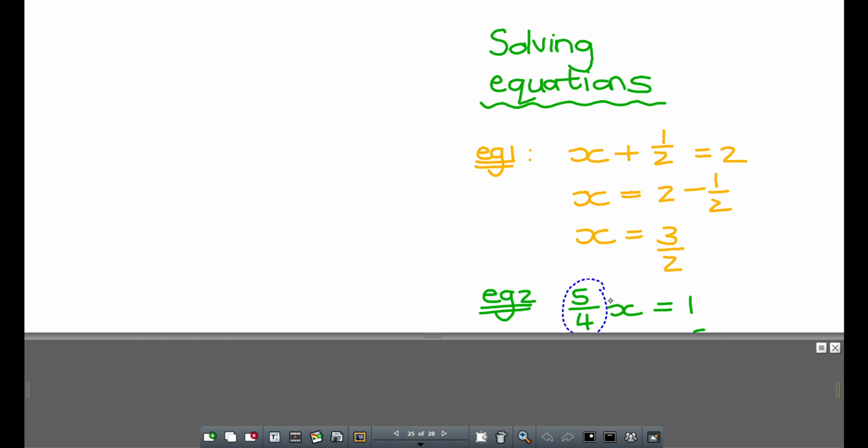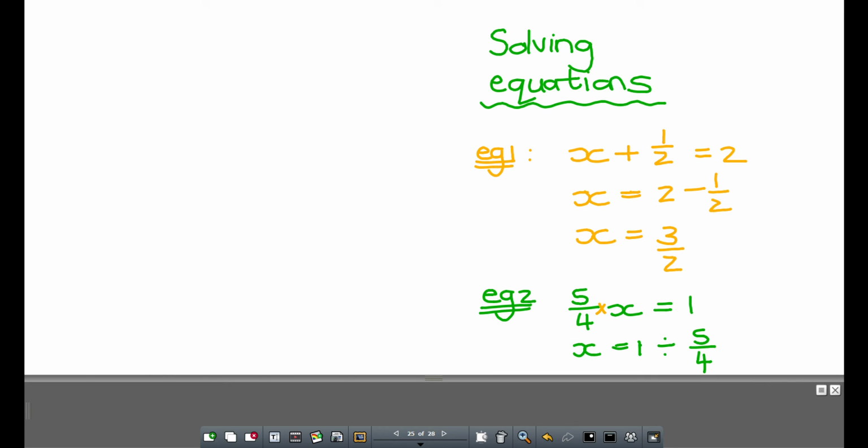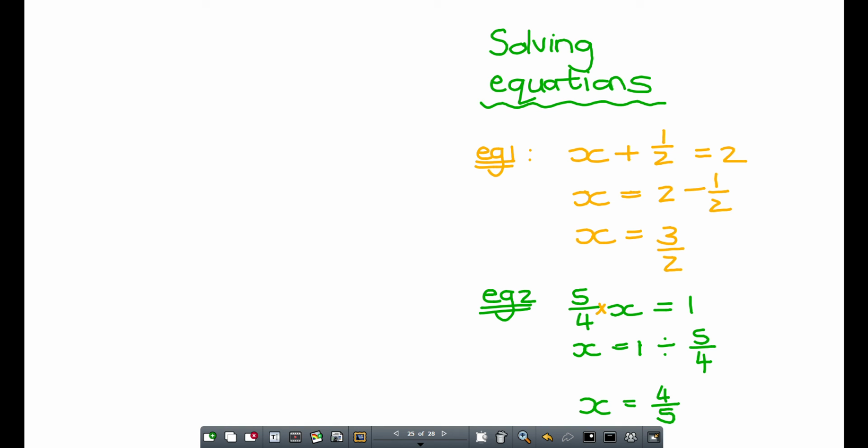It was 5 over 4 times x. Have a look. There's actually a little multiplication sign in between them. So if I take that over, it will become 1 divided by 5 over 4. And again, we use our calculator for that. So that will give me 4 over 5.